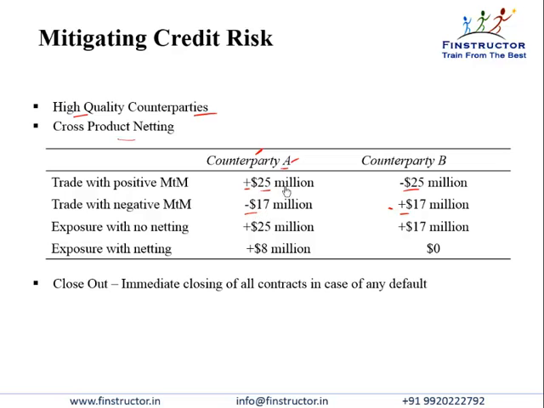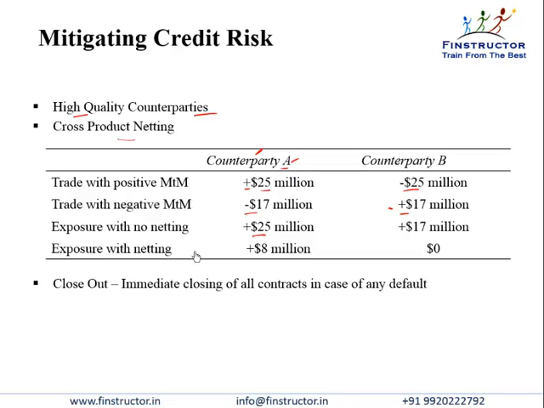So if we do not do any netting, that is, if we take the exposures as is, then if counterparty B defaults, A will have to pay his $25 million and he will not receive the $17 million that he was supposed to. So with no netting, counterparty A's exposure would be $25 million.